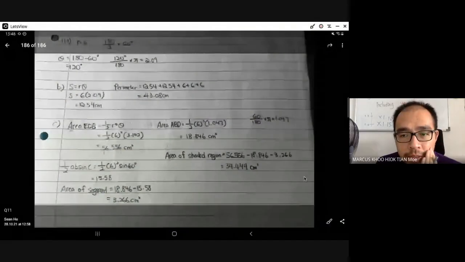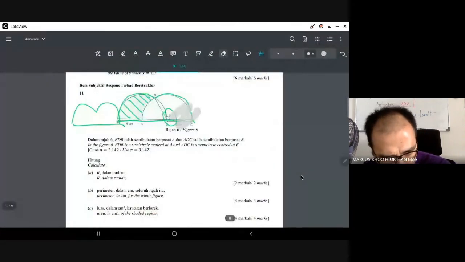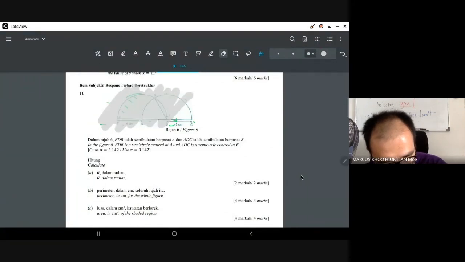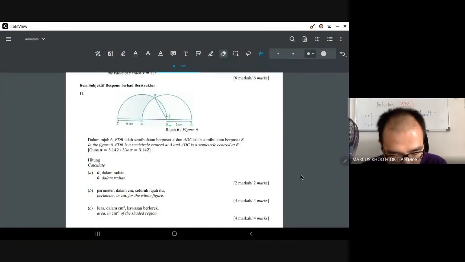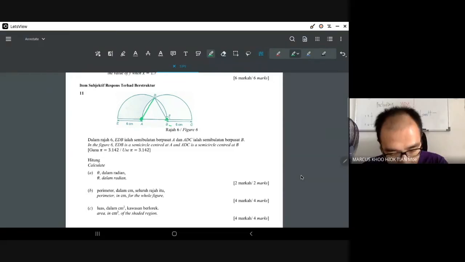Hold on, let me see what you're trying to drive at. Can you repeat what you said again? Point A and point D, this one lah. Point A and point B are the centers for both of the semicircles. Okay.